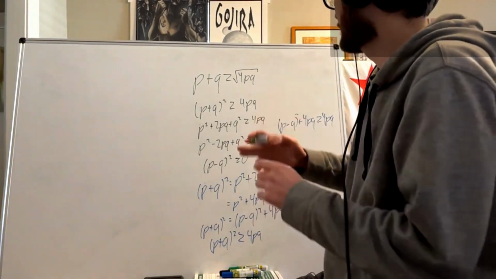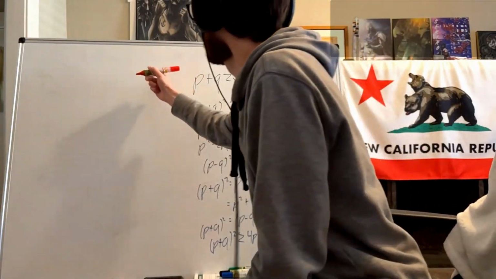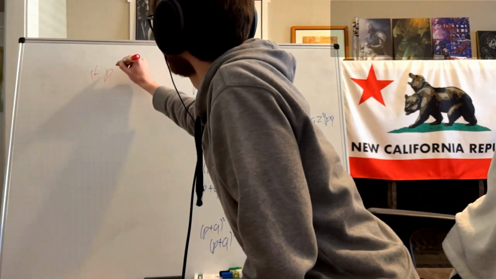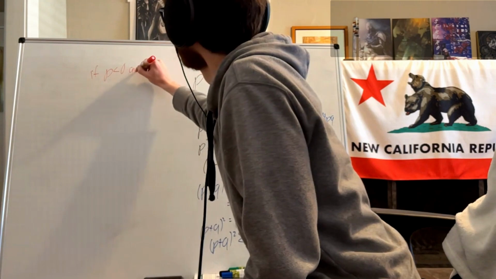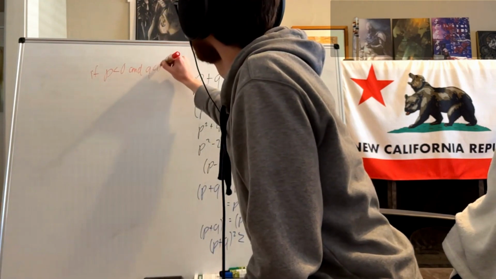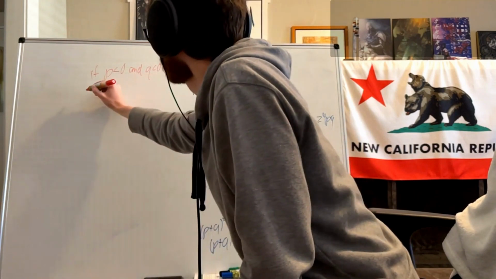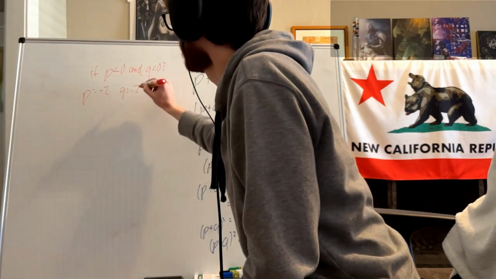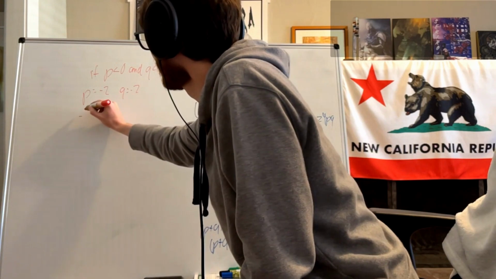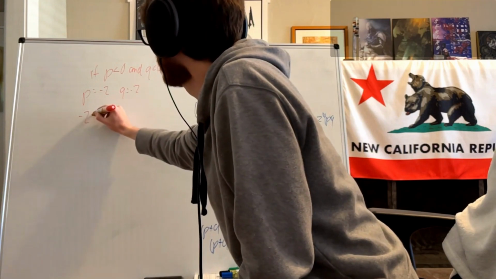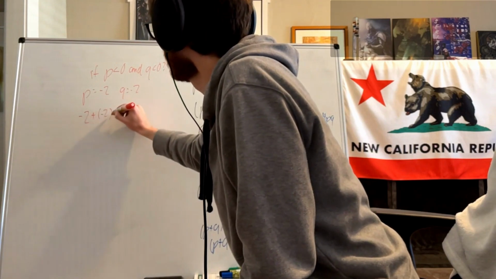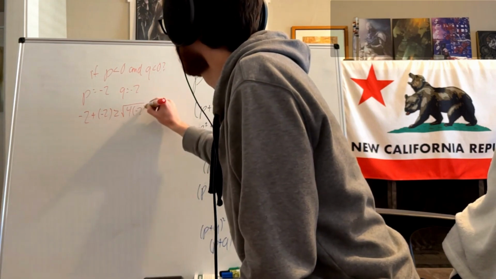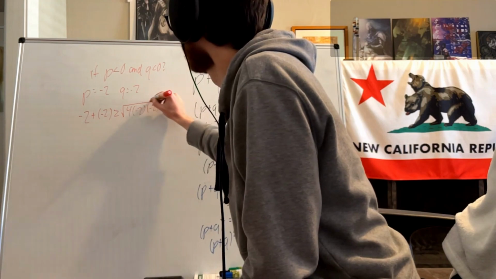I'll go to red for part B. If P less than 0 and Q less than 0, let's just take P equals -2, Q equals -2, and see what happens there. -2 plus -2 is greater than or equal to root 4 times -2 times -2.